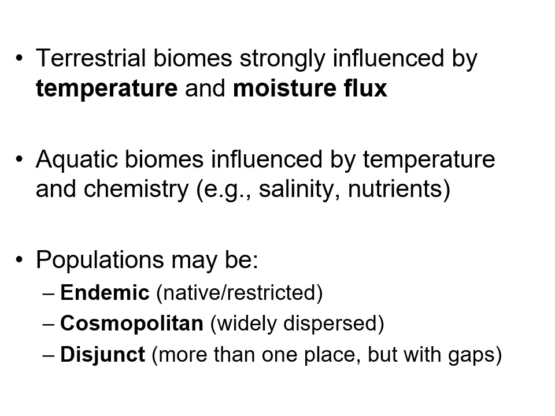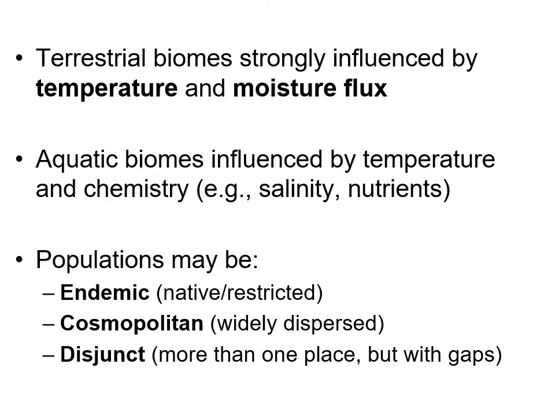We can describe the populations in biomes, whether they're aquatic or terrestrial, based on characteristics such as whether they are endemic. This would be a native or restricted population. A cosmopolitan population would be more widely dispersed, and a disjunct would be a population that is present in more than one place but has gaps, so it's not continuous.